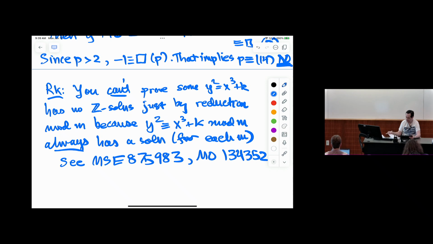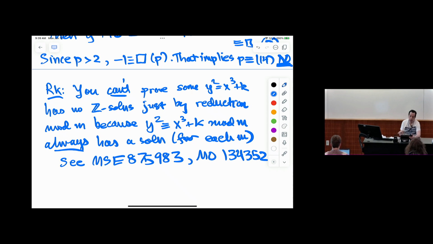So anyway, okay. Is that a solution like an integer solution, or just? Yes. When I talk about solutions, I'm just talking about integer solutions. When I reduce mod m, there's a solution mod m, an ordinary integer mod m. No, I'm not talking about higher things or anything like that. Okay.